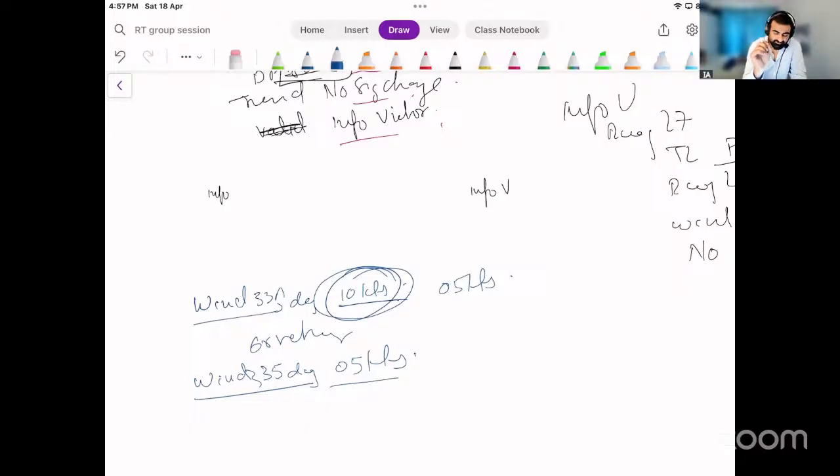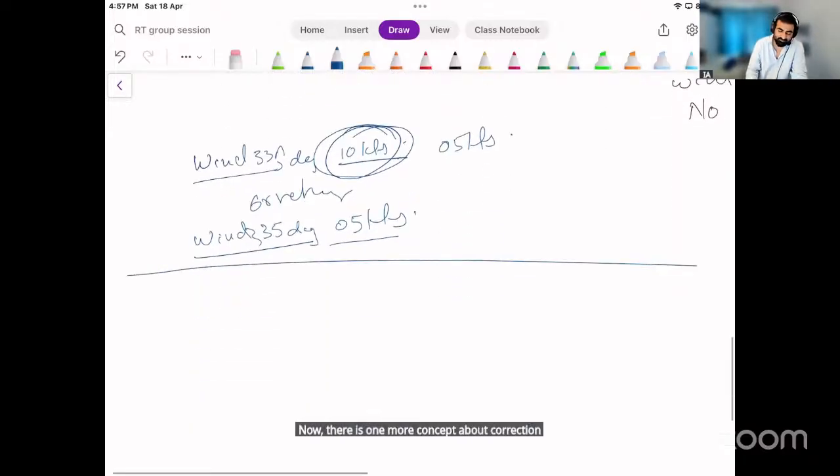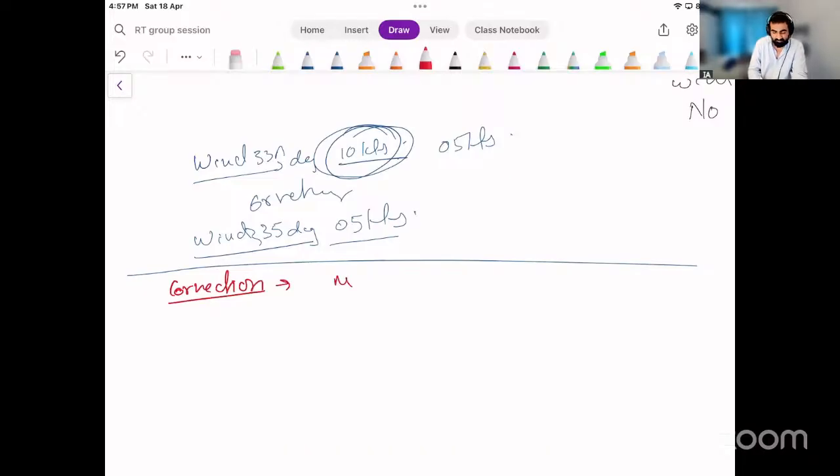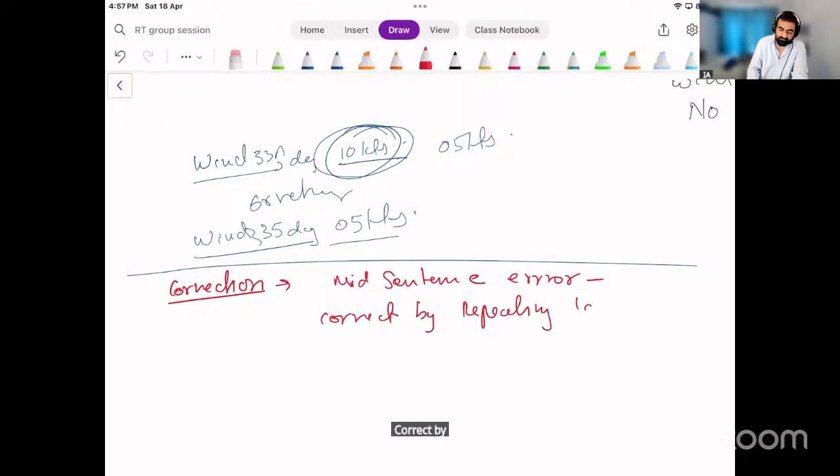Now there is one more concept about correction. Please remember this from here on. If you have a mid-sentence error, then correct by repeating the last correct word or phrase and then the corrected word.